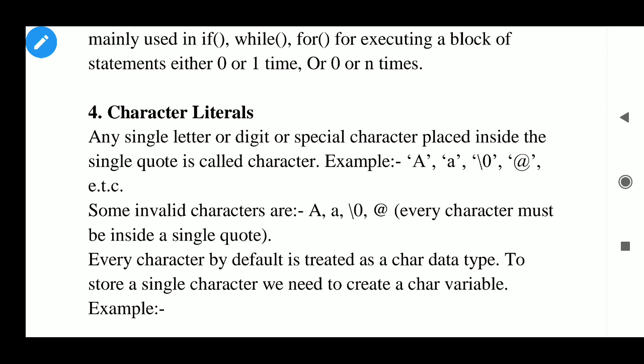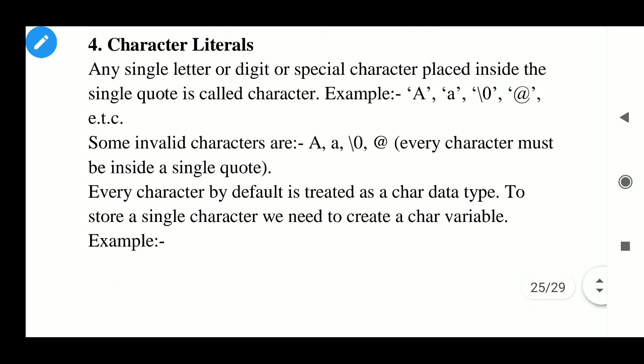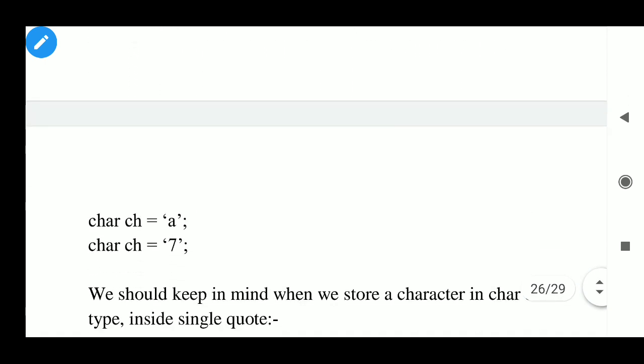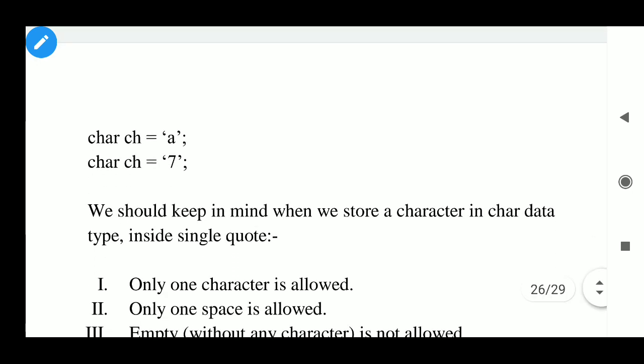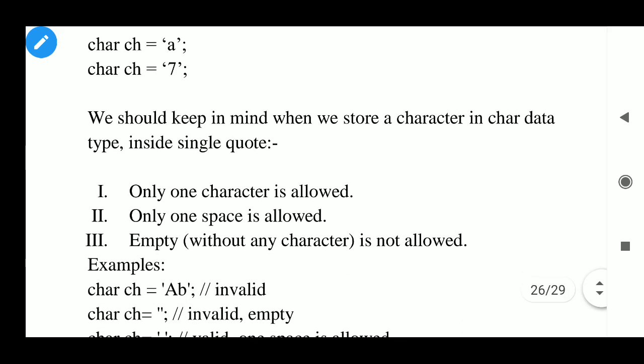Every character by default is treated as a char data type. To store a single character, we need to create a char variable. We declare char ch = 'a' in single quotes, or char ch = '7' if we want 7 as a character. We should keep in mind that when we store a character in a char data type inside single quotes, only one character is allowed.